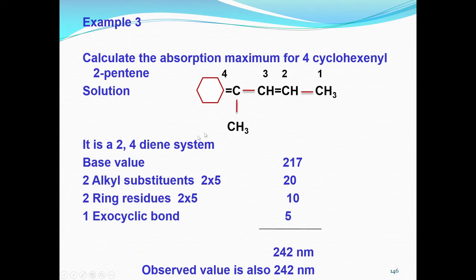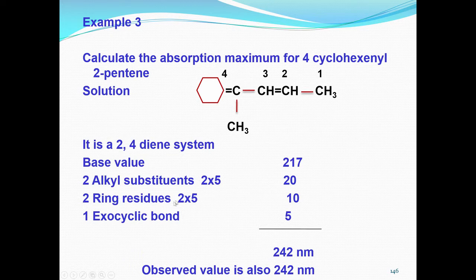So, if I take this compound and try to determine where the peak is, the base value is 217, not 253, because both double bonds are not inside a ring, a 6 membered or 5 membered carbon ring. Base value is 217.